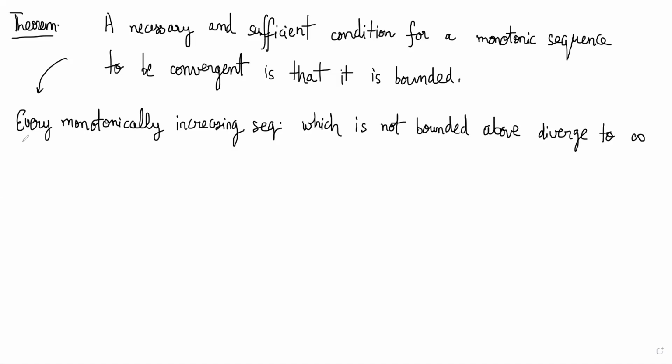And same thing, every monotonically decreasing sequence which is not bounded from below will diverge to minus infinity, right? So this is the conclusion of the theorem. From this only it is obvious. If it is not bounded above and terms are increasing, it will go to infinity.